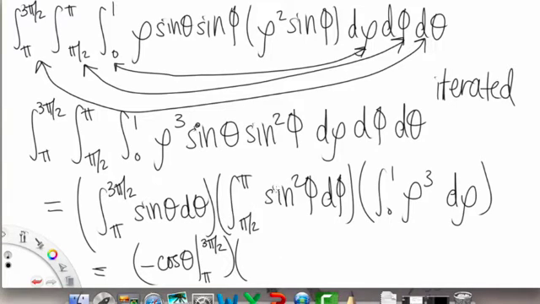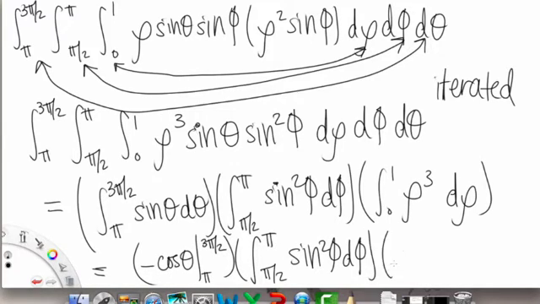And then we have here, this is actually a bit, well, not complicated, but anyways, I'll just leave that here for now, and I'll explain it more on the next slide where I have room. And then this can turn into a 1 over 4 rho to the fourth, as rho goes from 0 to 1. Okay? All right, let's continue on the next slide.